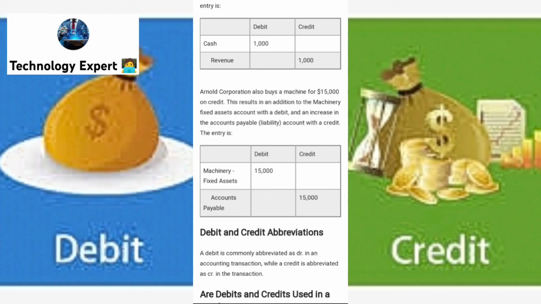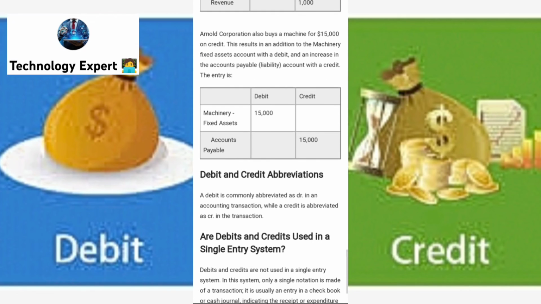Another example. Arnett Corporation also buys a machine for $15,000 on account, or on credit basis. This results in an addition to the machinery fixed asset account with a debit and an increase in the accounts payable, which is a liability account, with a credit.